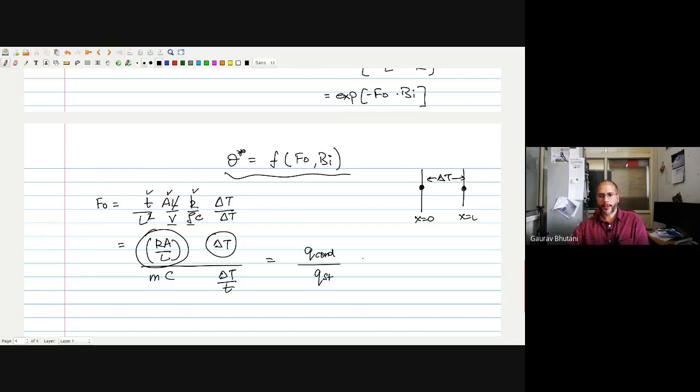So the Fourier number can also be understood as the rate of conduction inside the solid to the rate at which energy is stored inside the solid.